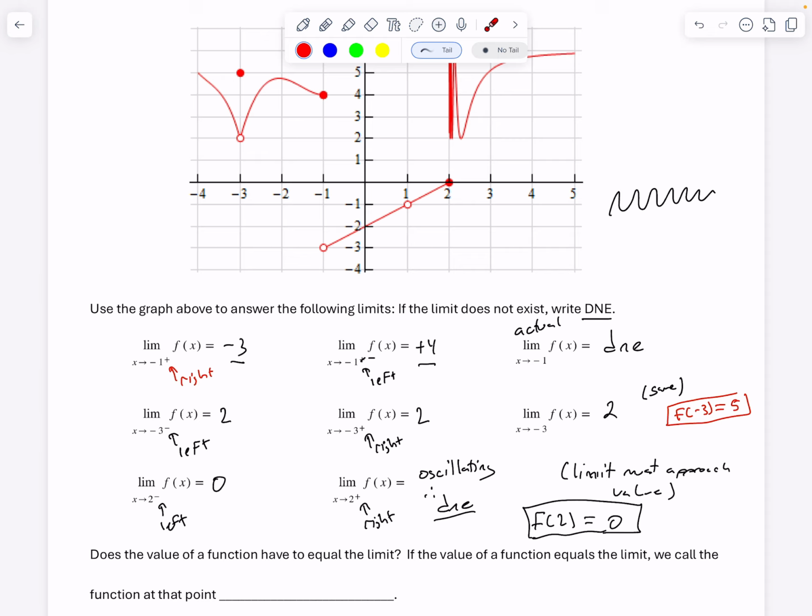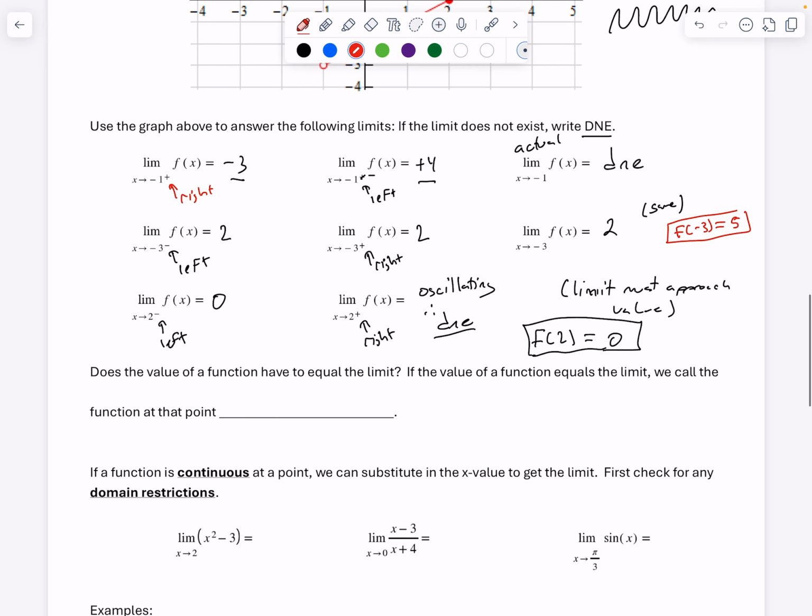But I digress. So what we want to do ideally is we want to make sure that the value here at 5 is the same as the limit itself. In calculus, what we want is this value, and here's my limit. Ideally, we want them to be the same, and we have a special name for that.